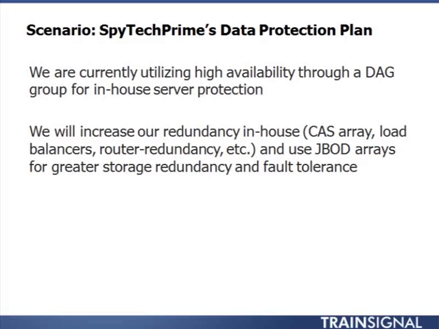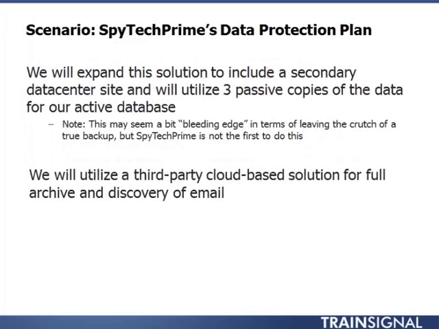And we're also going to utilize JBOD arrays for greater storage redundancy and fault tolerance. We're also going to expand this solution to include a secondary data center site, and we'll utilize 3 passive copies of the data for our active database. So we have 1 passive copy, we're going to add 2 additional passive copies.